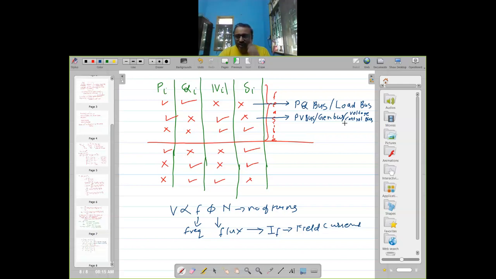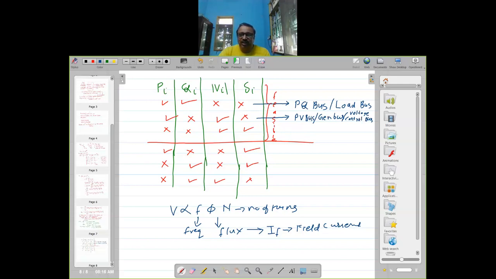If you switch on the inductor at that bus, you will get a dip in the voltage. So you can control the bus voltage using the capacitor and inductor bank. So that is called a voltage control bus, and at that voltage control bus the power is zero because there is no generation. So power is zero, but you can control the voltage magnitude at that bus. So this is also a case when we have a voltage controlled bus.